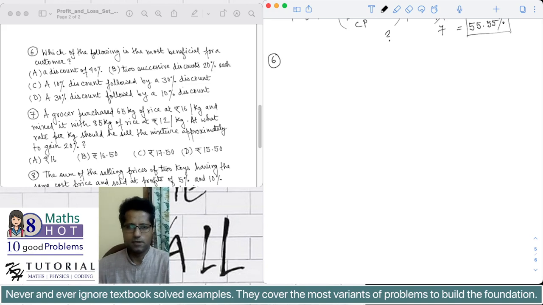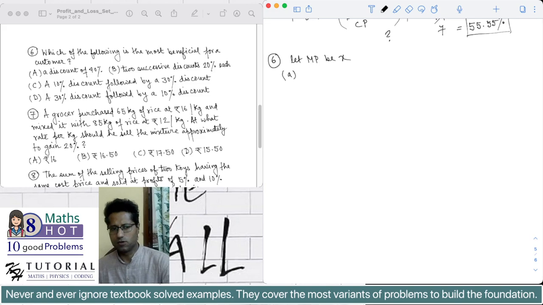Now, choice A is a discount. All the choices are about discounts, and we know that discount is applied on the mark price. So let the mark price be X. For all the choices, we will find the final selling price. For choice A, there is a single discount of 40%.